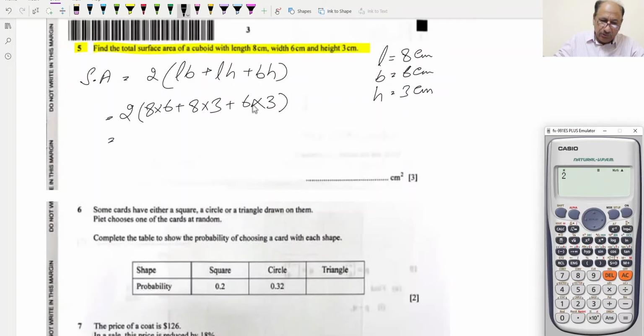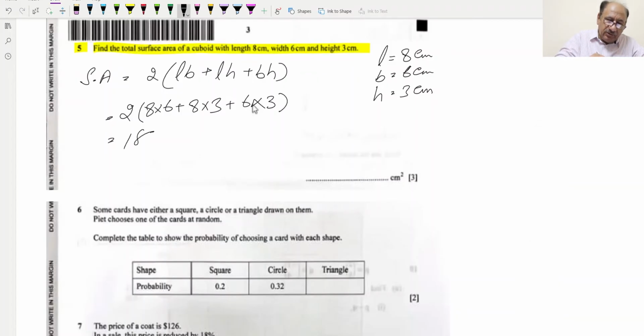This will be equal to 180, and units will be centimeter squared because this is area. So 180 centimeter squared is the answer, a 3 mark question.